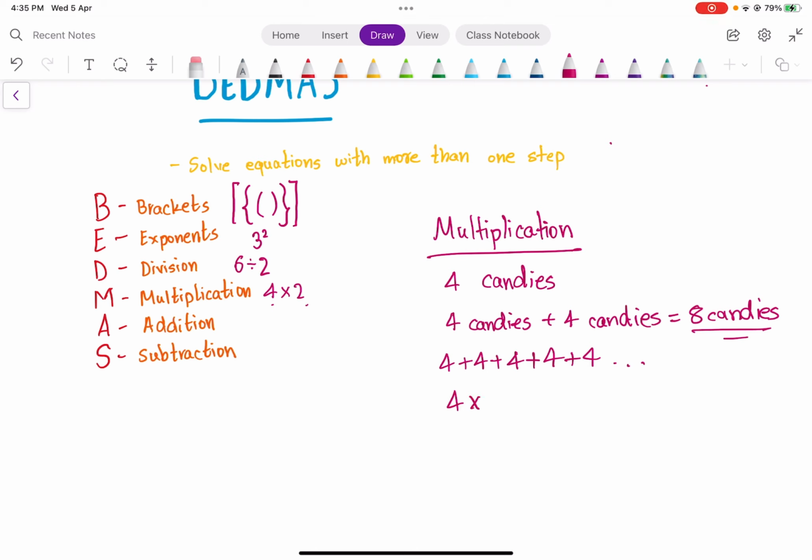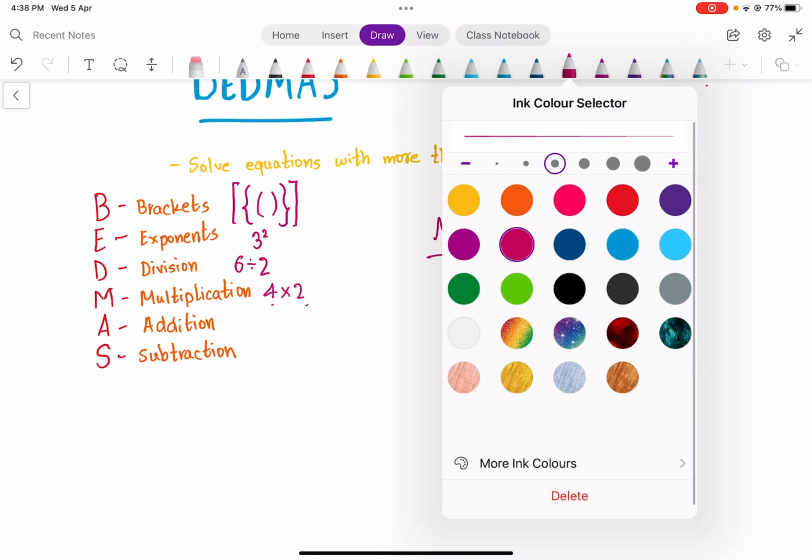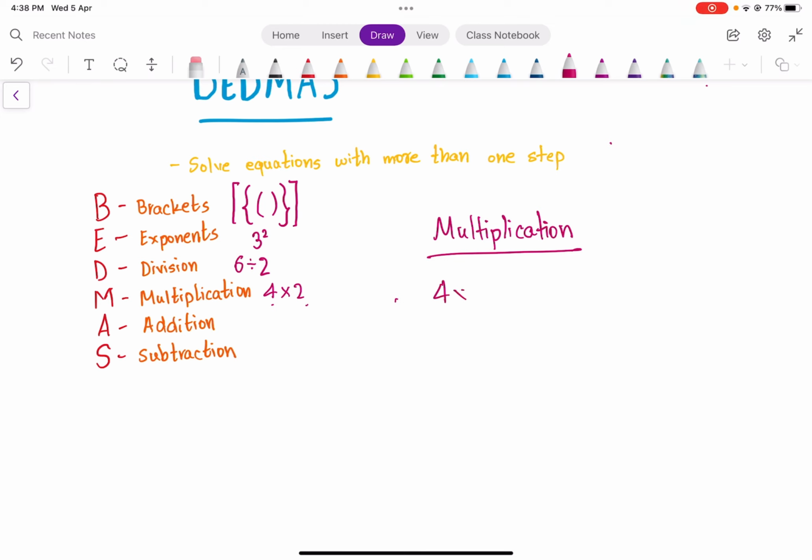You could multiply 4 by 12, which would give us 48. So that summarizes what multiplication is. Now back to our original question, which was 4 times 2, which is 8.